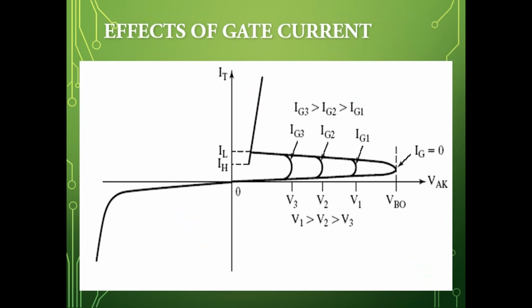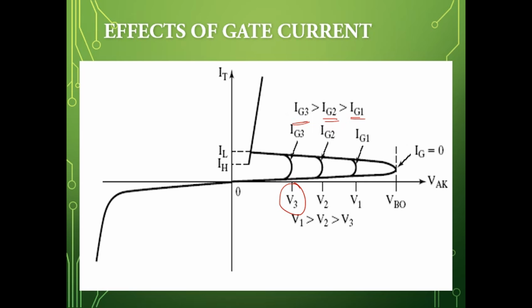Now what will happen if we apply different values of gate current? Obviously the forward breakover voltage is going to reduce. See here, say Ig3 is greater than Ig2, which is greater than Ig1. If Ig3 is large, then V3 is less.